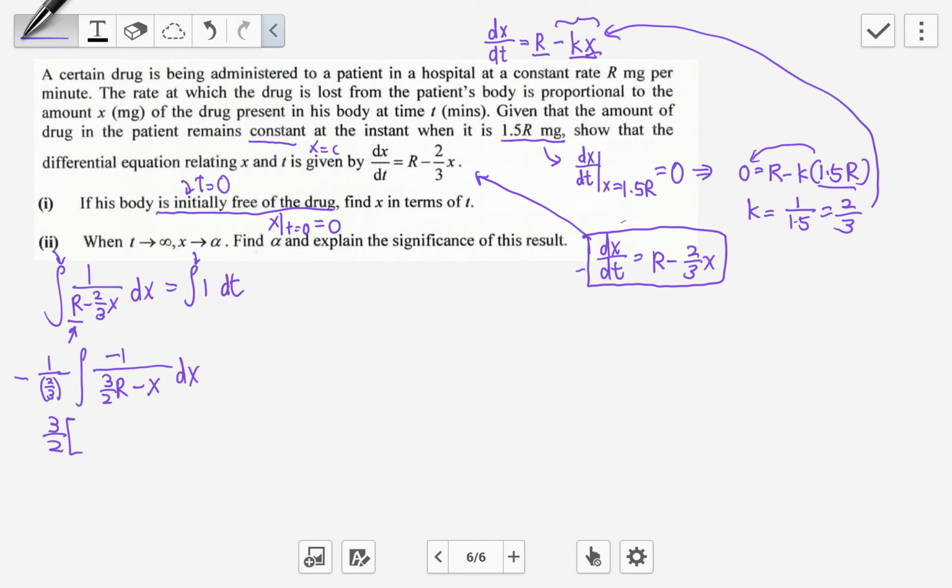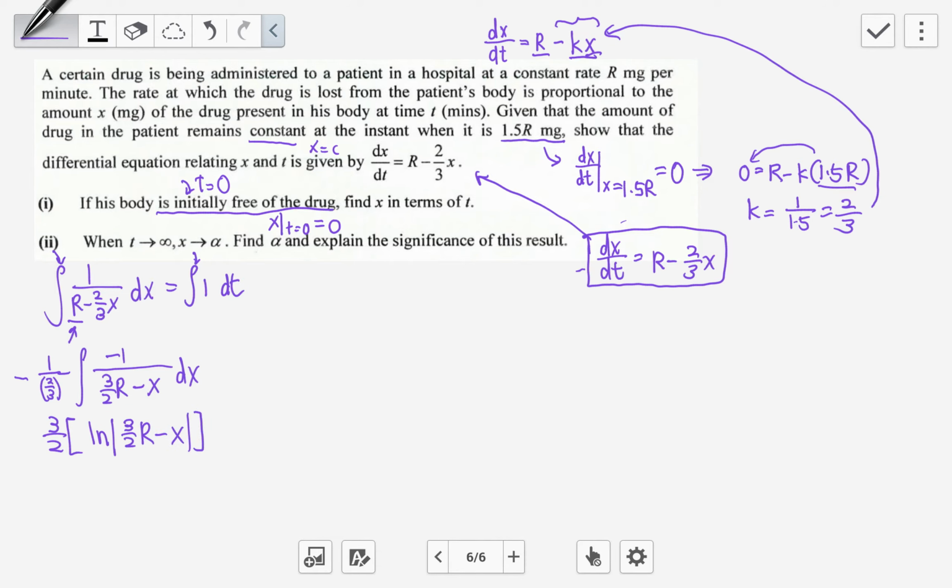The purpose of doing this is such that the numerator is the derivative of the denominator. That means when you differentiate the denominator, it gives you the numerator. When this is the case, the integral is just ln of the denominator. This is the technique of integration.